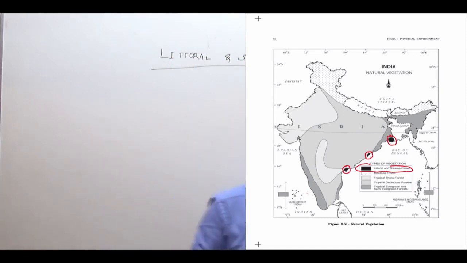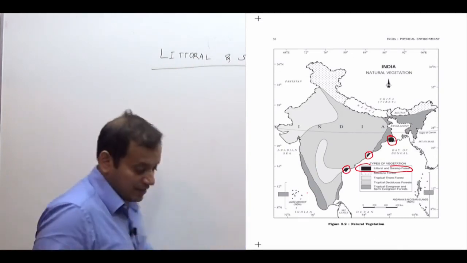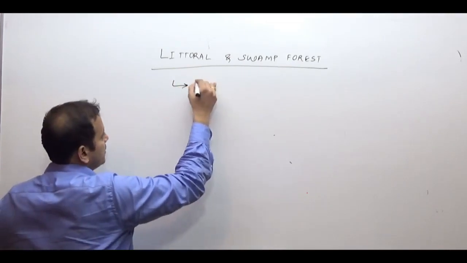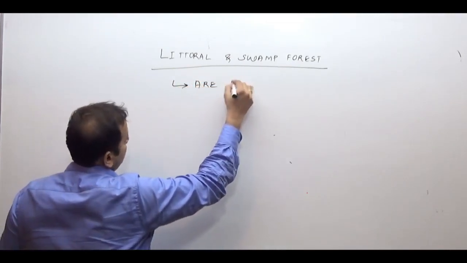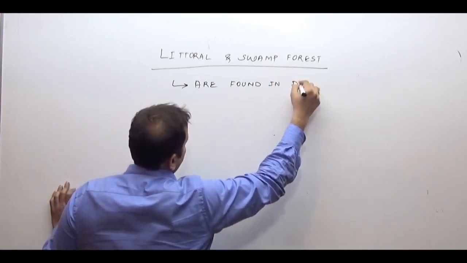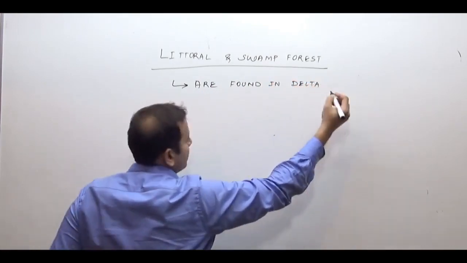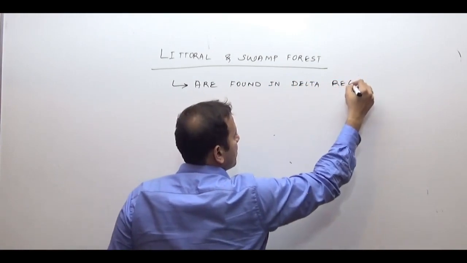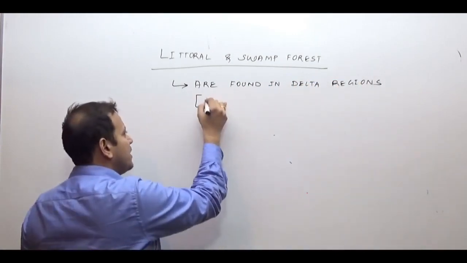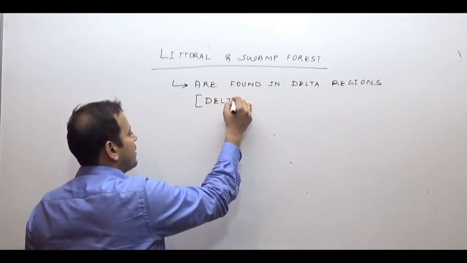This littoral and swamp forest is found in the delta regions, and because of this it is also known as a deltaic forest.